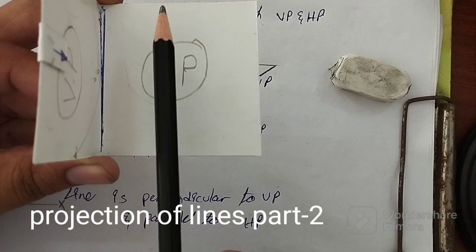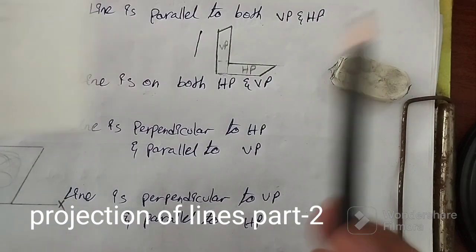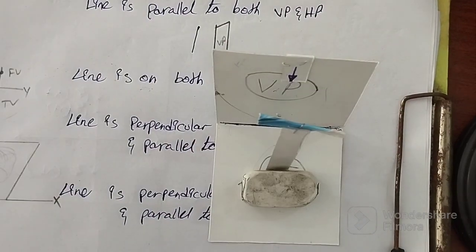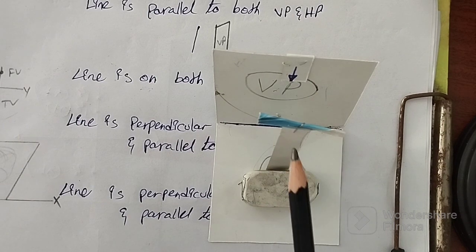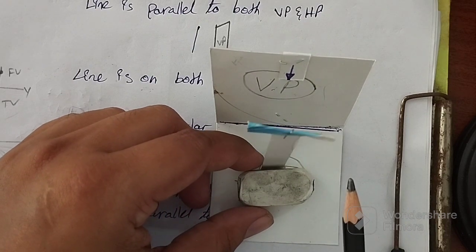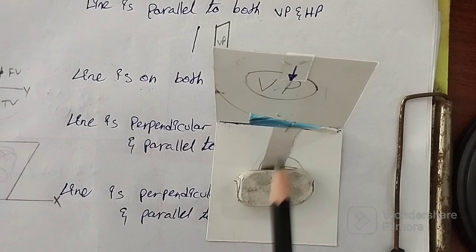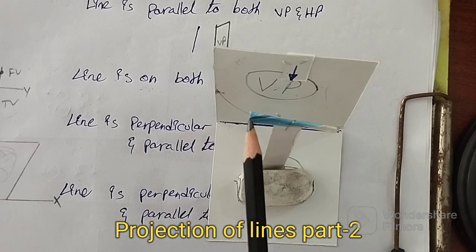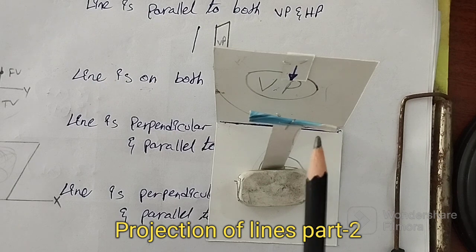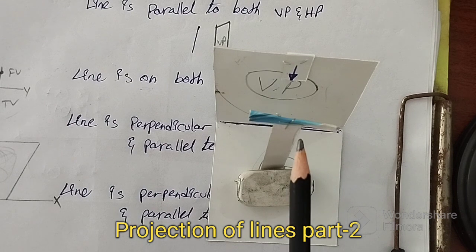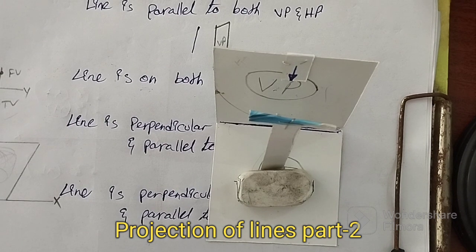Now if you look at this straight line from the front side, imagine this is my straight line. If I put the straight line in this way and look from the front view, you can see this point and this point. It means the whole straight line is visible in front view.